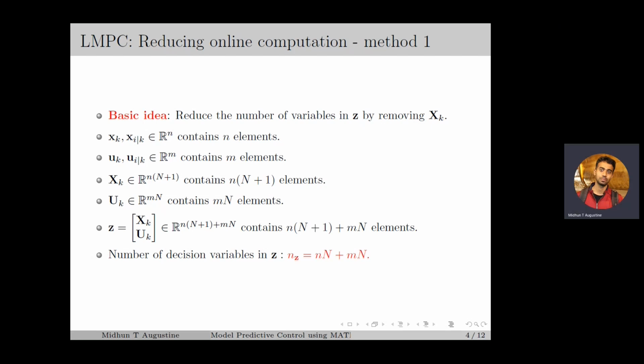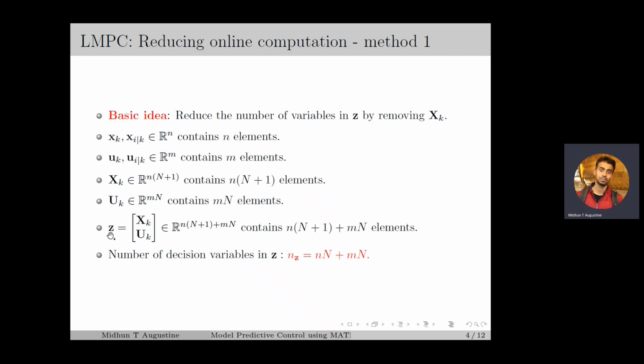Similarly, capital Xk is the predicted state sequence vector which belongs to R^(n times (N+1)) and contains n times (N+1) elements. And capital Uk is the control sequence vector which belongs to R^(m times N) and contains m times N elements.